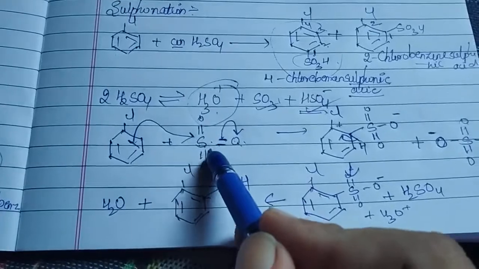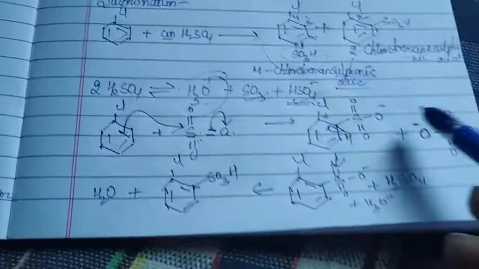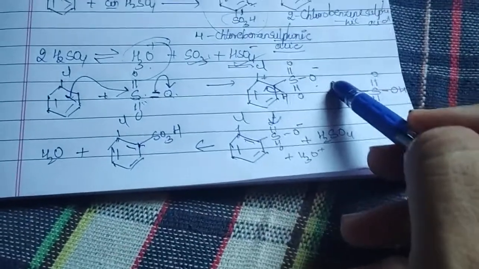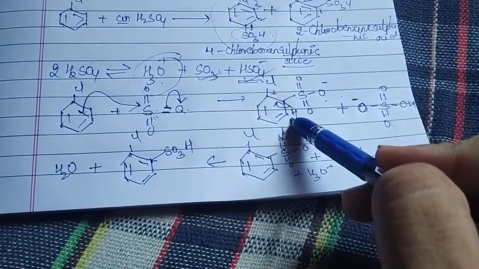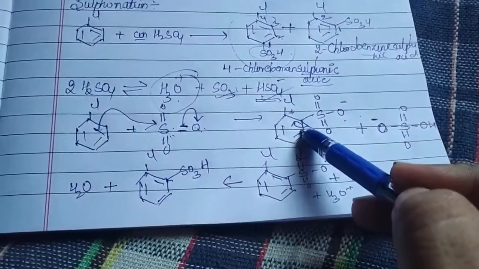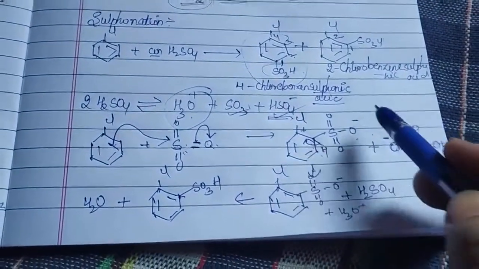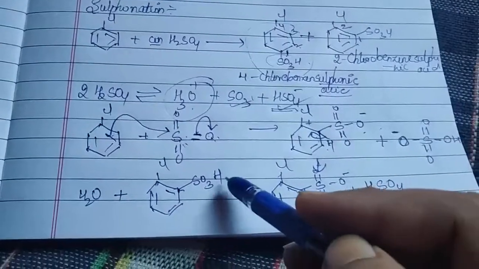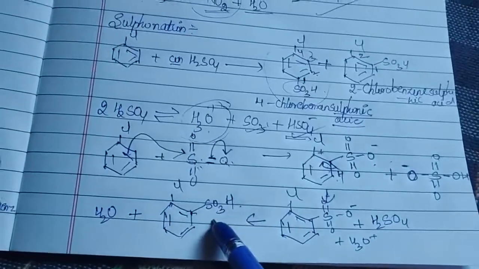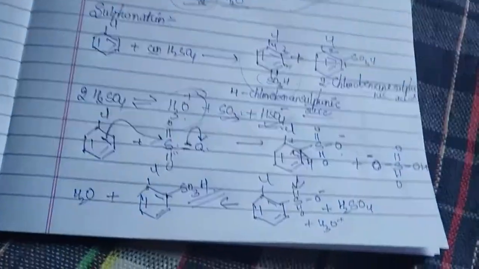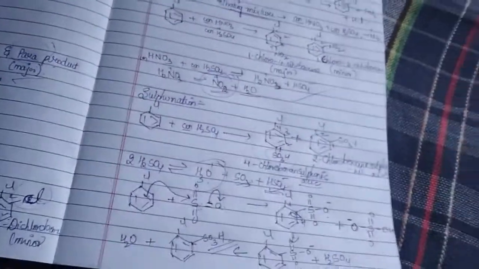Utilizing that delta plus, it will interact with the pi electron of your benzene, resulting in an SO3 minus. The bisulfate ion is going to interact with the proton, H plus, present on the benzene ring. It abstracts that hydrogen and the bond is favored. SO3 minus will once again react with the hydronium ion present in the system to give our sulfonic acid group. Are you able to understand? So by this process our sulfonation takes place.